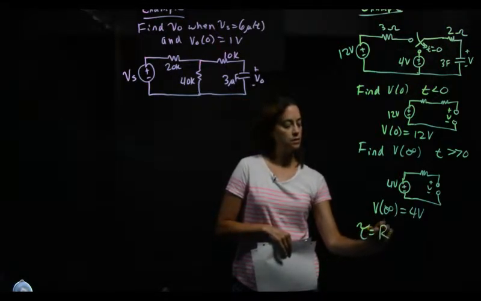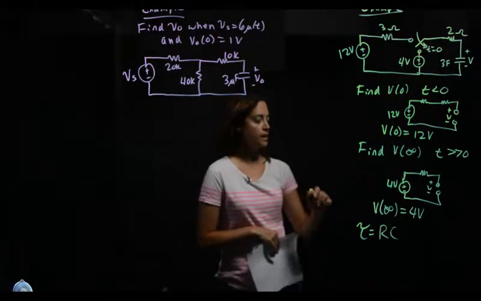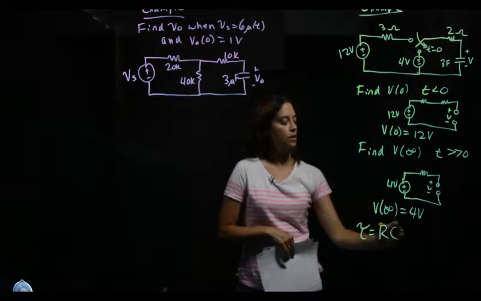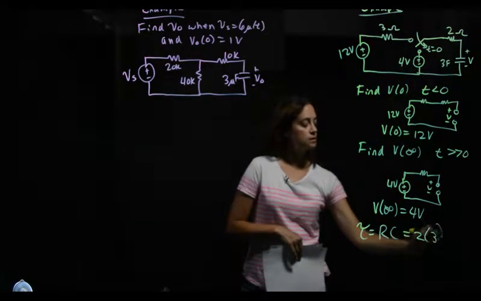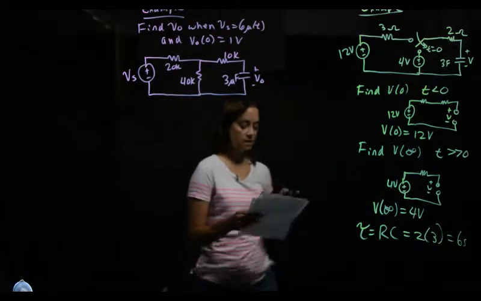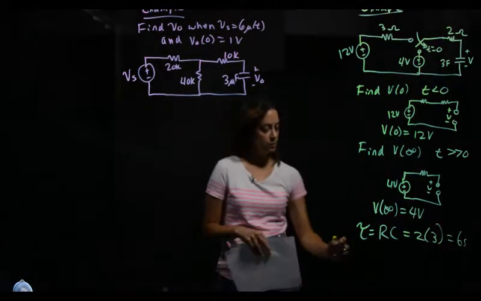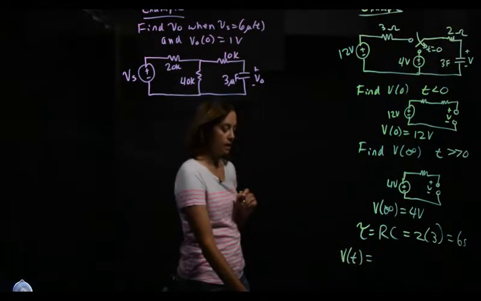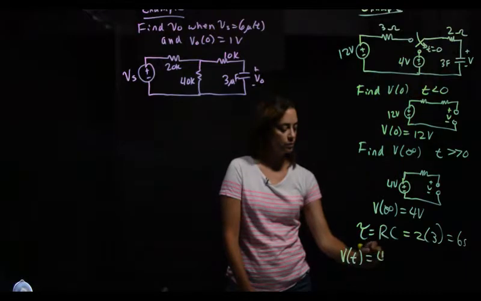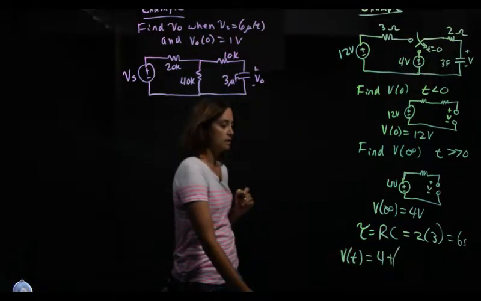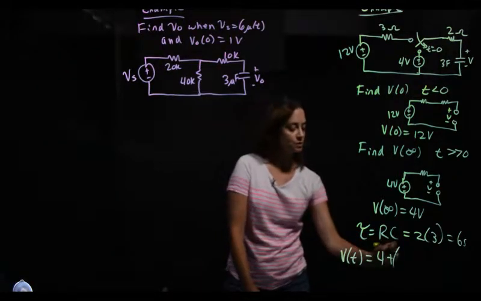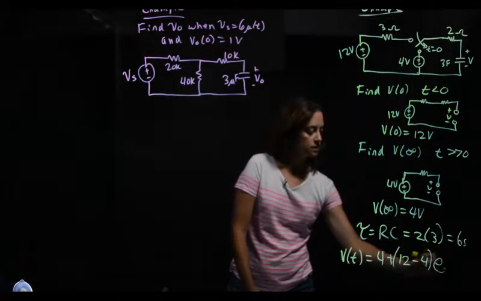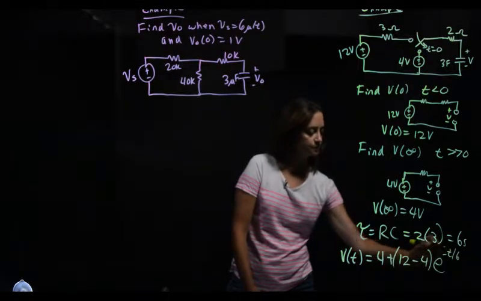Tau equals RC. And for that we use after time 0. So it'd be this half, where our R is 2, our C is 3, so our time constant is 6 seconds. And now we just need to plug everything in. So v(t) equals v(infinity), 4, plus v(0), 12, minus v(infinity), 4, times e to the minus t over tau.